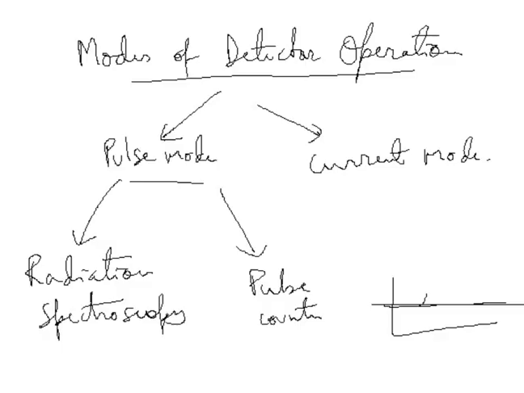Now, what happens when the event rate is very high? In this case, the pulse mode of operation becomes impractical or probably impossible. Why?